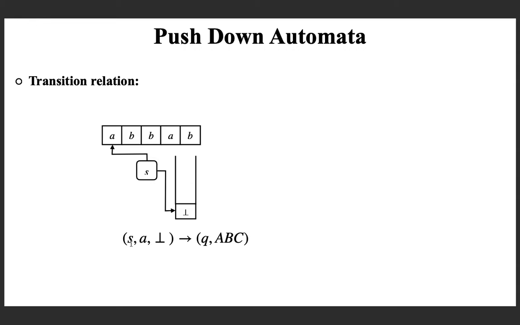This says if you are in the state small s, and if you are having small a as the current input symbol, and if you have bottom as the topmost symbol in the stack, then the transition is telling you, you change your state from S to Q in the control unit, and you replace the top of stack symbol, which is bottom, with this string of stack symbols.